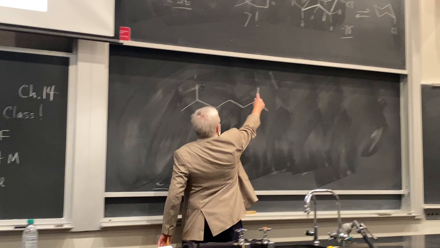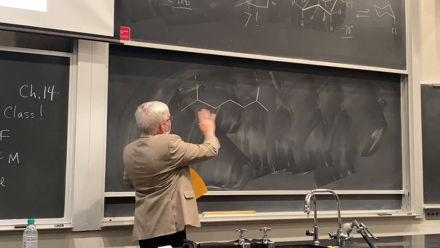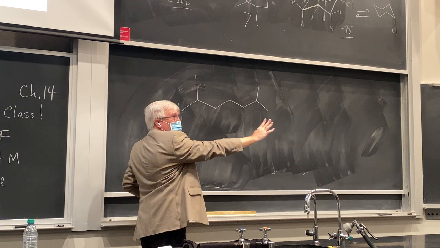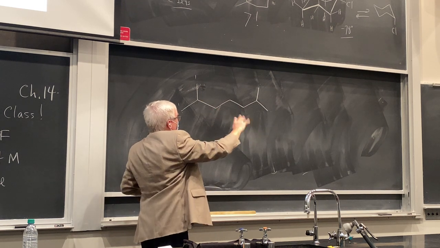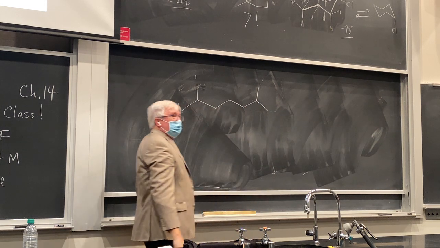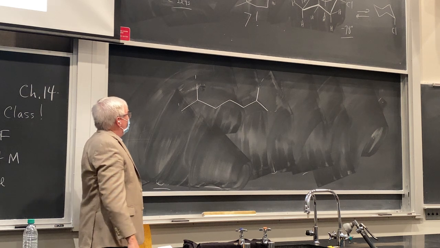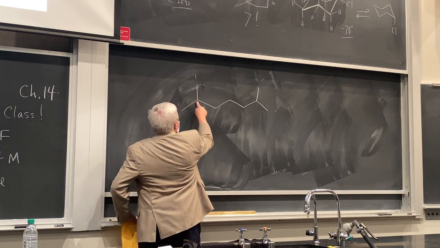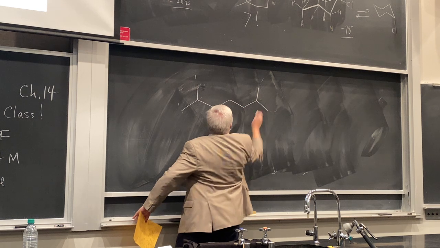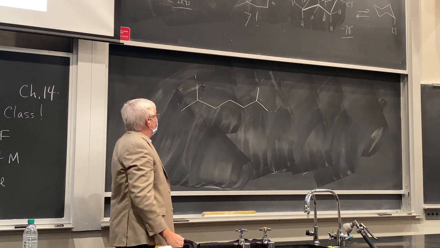How about over here? These two. Yeah, you could rotate those and see there'd be a mirror plane right through there and another one the other way. So all of these would be the same, wouldn't they? Okay. So we got one set, and then the methines. Those are both the same too, right? No stereocenter.